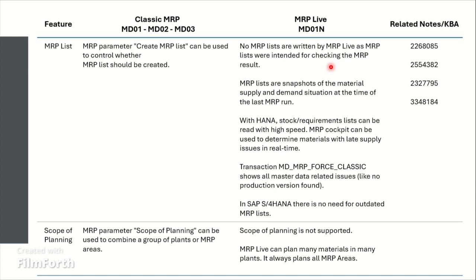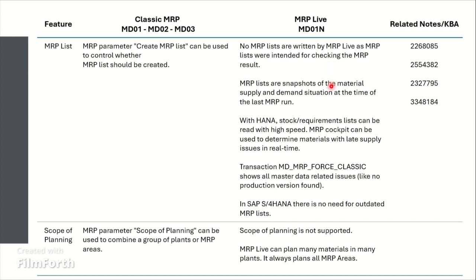In SAP S4HANA, the output of the MRP Live will provide you a list in case we have any errors related to the master data. So let's say you do not have a BOM, or maybe the material is blocked for any reason. These kinds of messages will be shown in the output after the MRP Live has been executed.